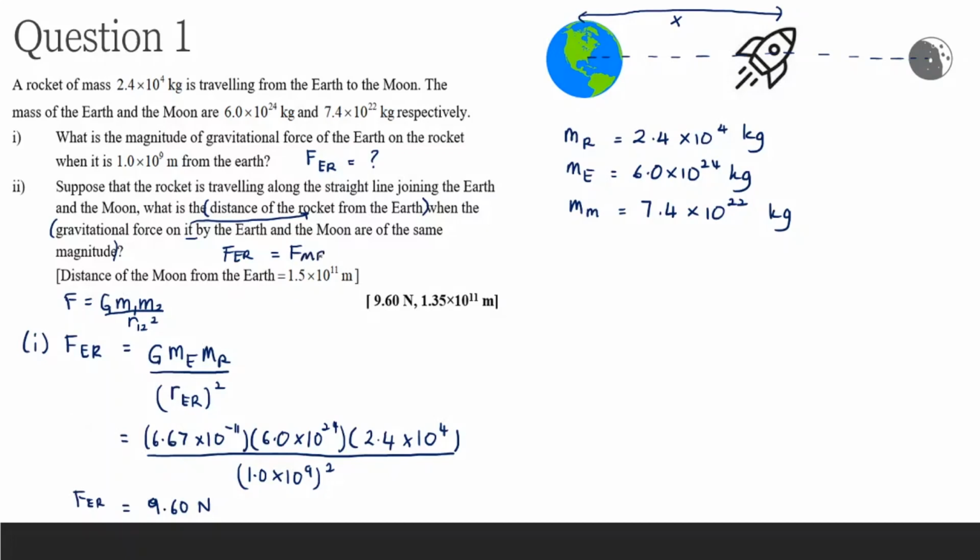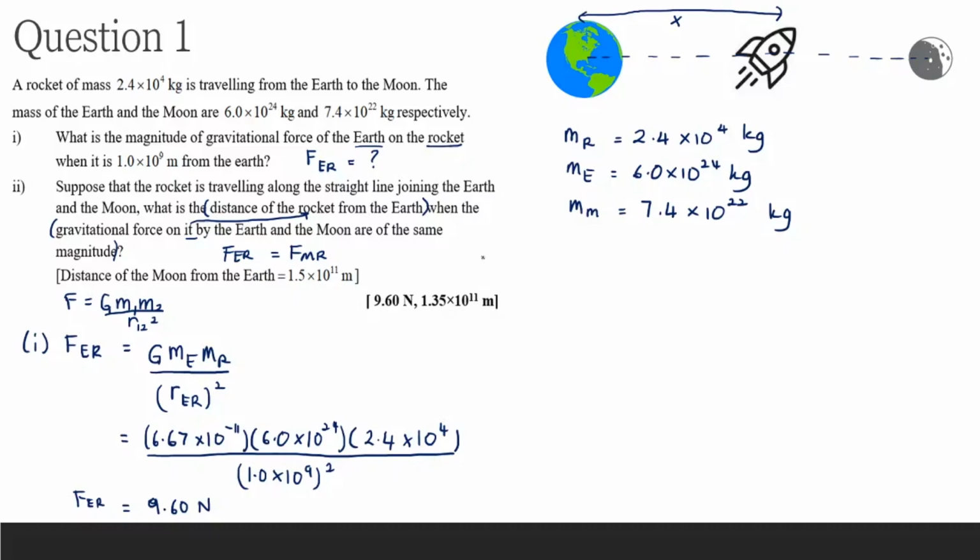Earth and rocket, Moon and rocket. So it's the interaction between two bodies. Kalau macam soalan satu tadi, dia cerita Earth dengan roket kan. Okay, so kita kena tengoklah dia tengah cerita pasal siapa, sebab nanti kita tahu what values we have to substitute.